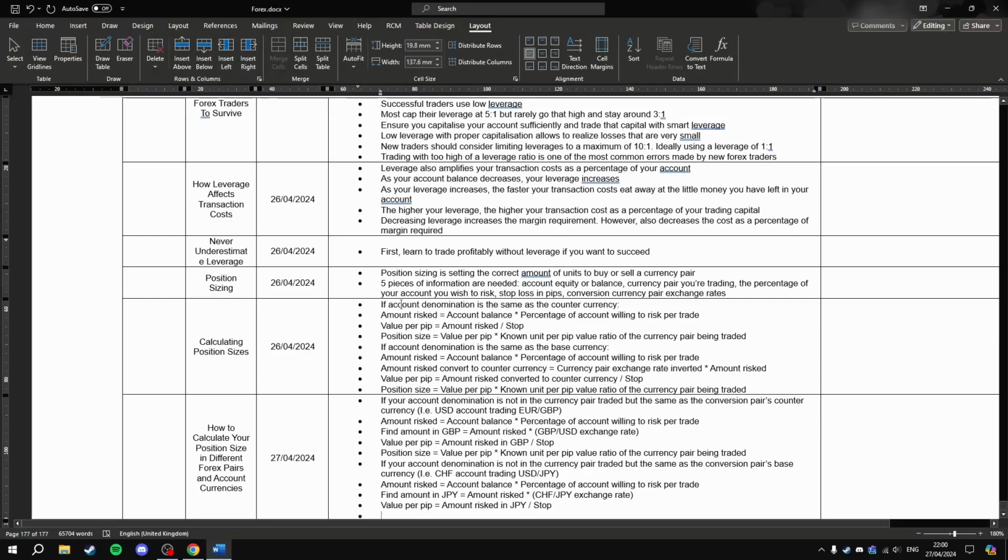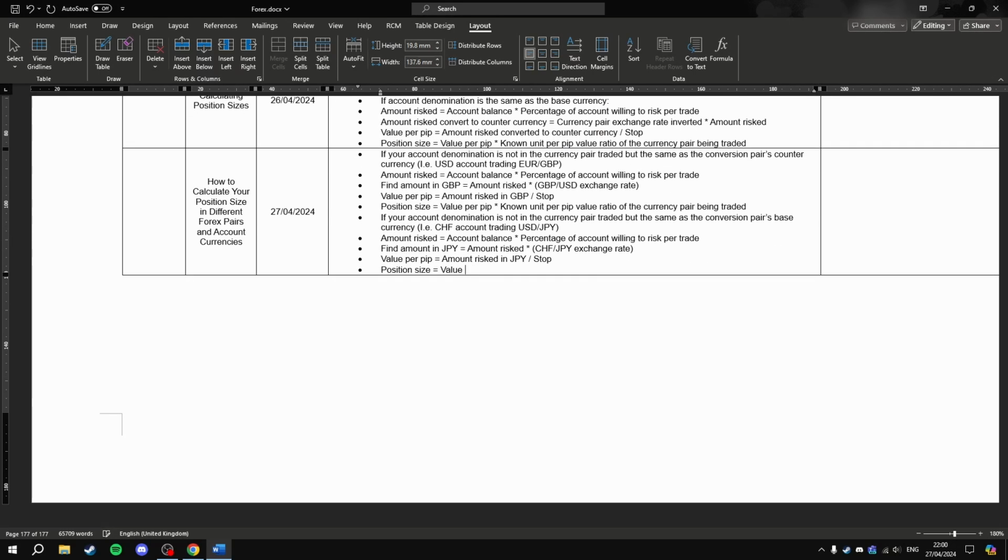Calculate the position size. Position size will then be equal to value per pip times the known units per pip value ratio of the currency pair being traded.